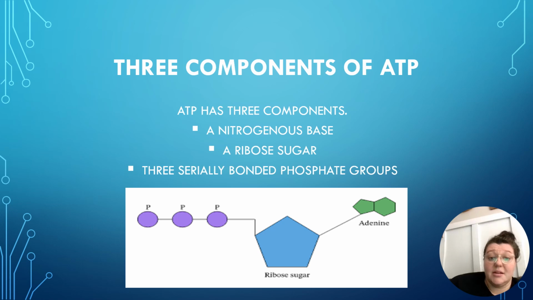It has that nitrogenous base, which is over here in the example, adenine. And then those come down to this big old ribose sugar right here in the middle. And coming out from that, you can see 1, 2, 3. They have 3 serially bonded phosphate groups. And that makes up ATP, which, like we stated, was energy for the cells.